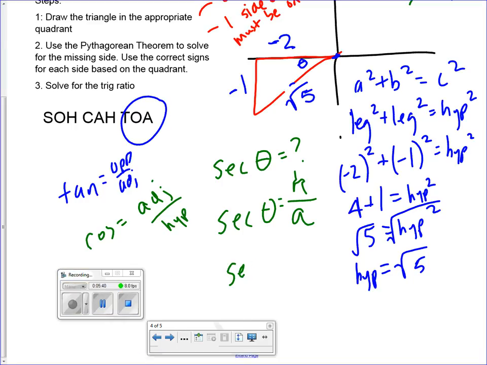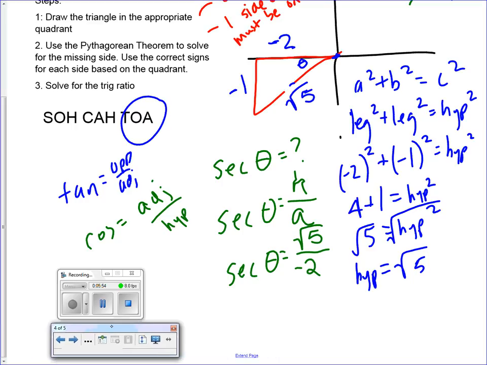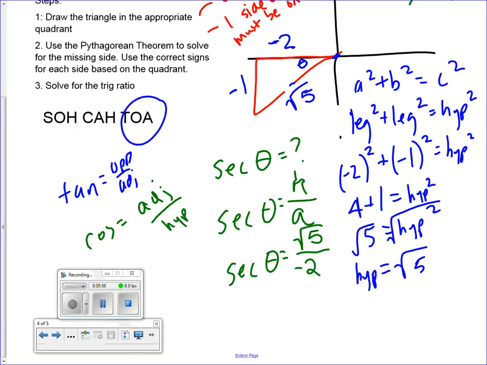So the secant of theta will be the hypotenuse of that triangle, the square root of 5, divided by the leg that is adjacent to theta, which is -2. We don't like to leave negatives in denominators. I have a positive divided by a negative, so I'm just going to pull it out to the side. So the secant of theta is negative radical 5 over 2.